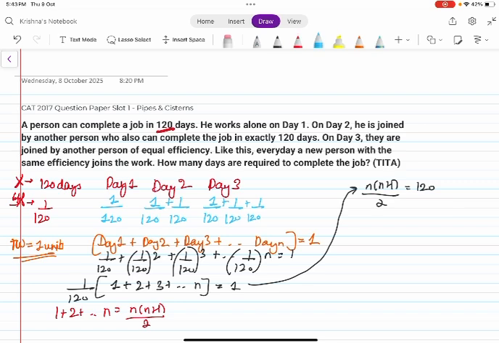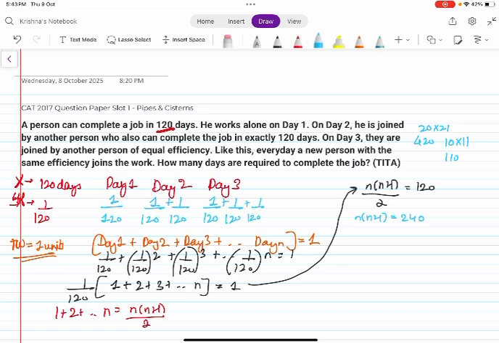So we'll solve this equation further, and we get n into n plus 1 equals 24 into 10, that is 240. Now you can try to figure this out, or you can solve the equation. If we try 20 into 21, it will give us 420. This is very large, so it cannot be. If 10 into 11, this will give us 110, so this cannot be the value.